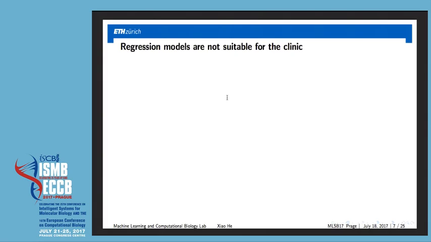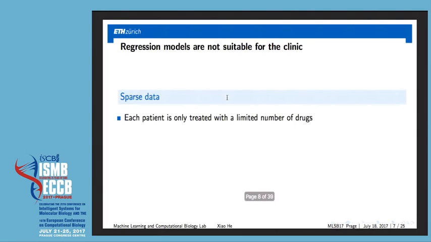This may not be very suitable for clinical datasets for the following two problems. First, it's very sparse. For the cancer cell line model datasets, we have hundreds of drug responses per cell line. However, for real patient datasets, we may have only a few drug treatments, 2, 3, 4, 5 at most.